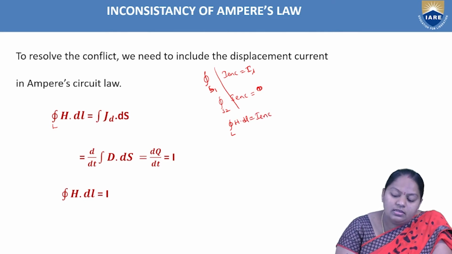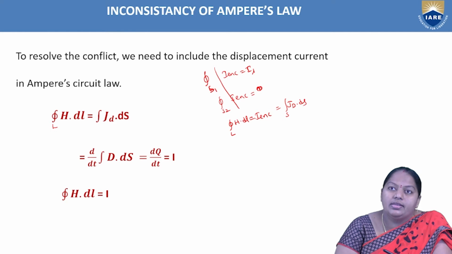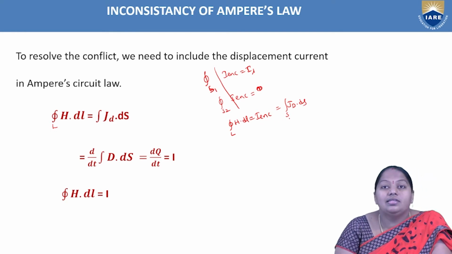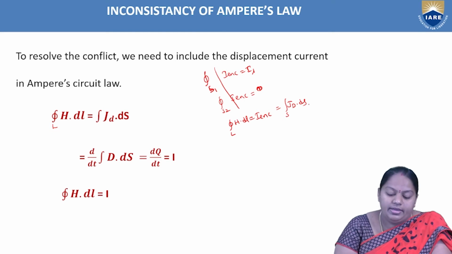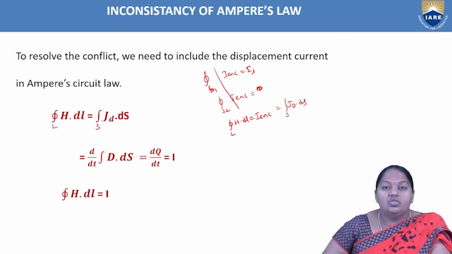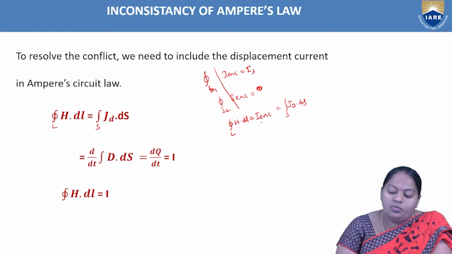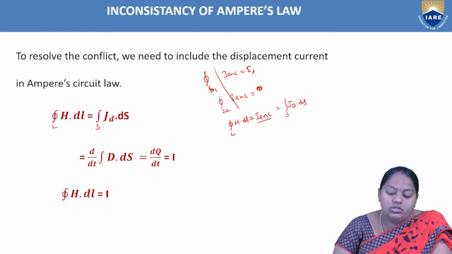Now, I is expressed in terms of current density as the integral over S of JD dot ds, which is nothing but I enclosed.